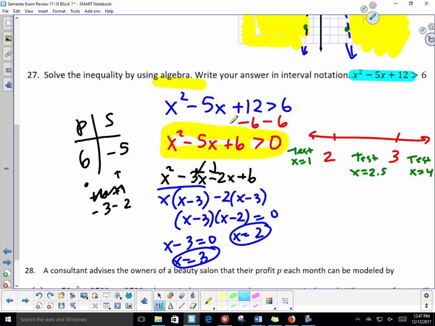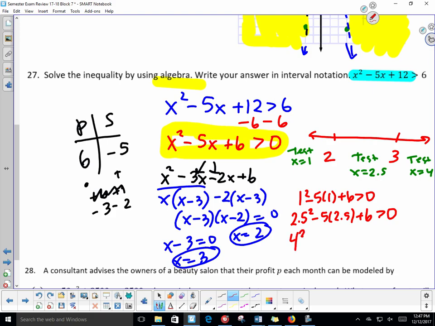So if I plug in 1, I want to know, is 1 squared minus 5 times 1 plus 6 greater than 0? And if I plug in 2.5 for x, is that answer greater than 0? And if I plug in 4 for x, is that answer greater than 0?